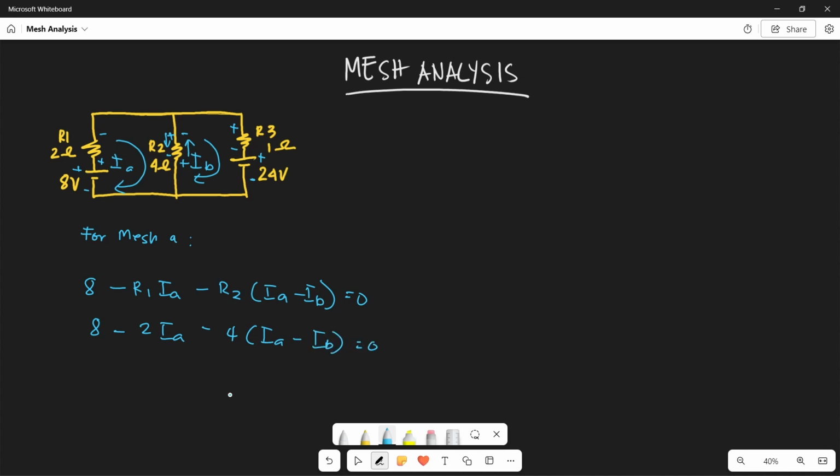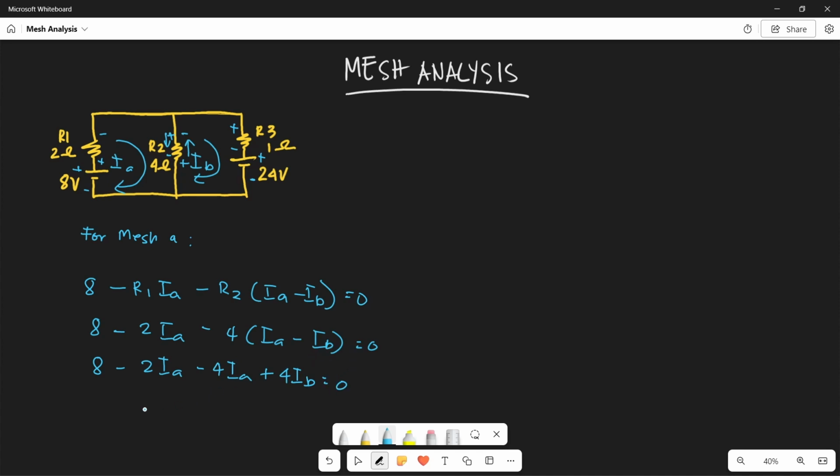equals 0. So distributing 4, 8 minus 2 IA minus 4 IA plus 4 IB equals 0.